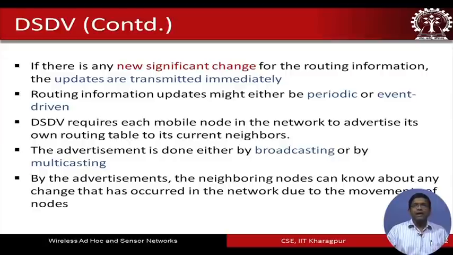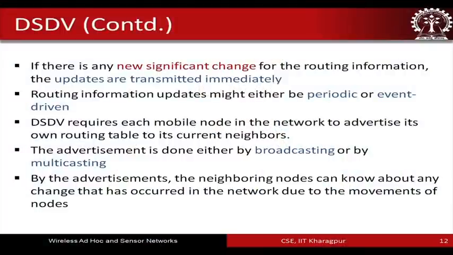So, DSDV requires each mobile node in the network to advertise its own routing table to its current neighbors. Every node advertises to its neighbors what its routing table is at different points of time. So what is going to happen is quite obvious: after certain durations of time, every node knows who the neighbors are and how to reach the other nodes in the network through the neighbors.